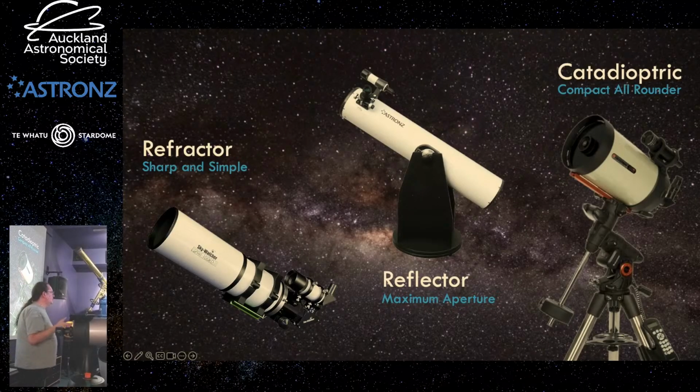So with most mounts, they'll have things to help you get them polar aligned, things to help you get them level, things to help you get them pointed in the right direction. The new generation of digital scopes are literally: put it down, make sure it's sort of level, turn it on, connect to your phone, and then run an automated routine.